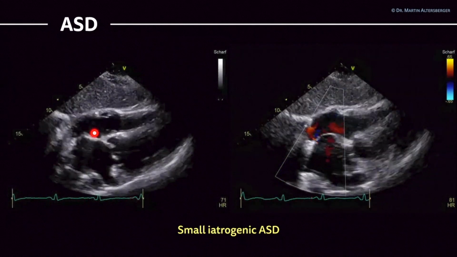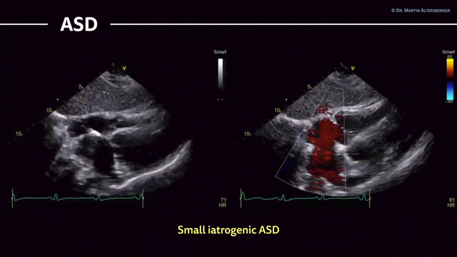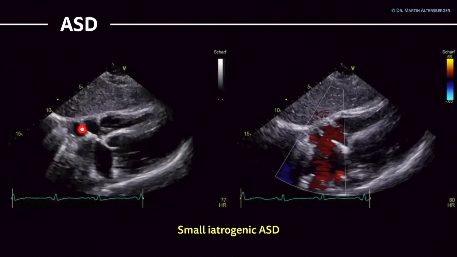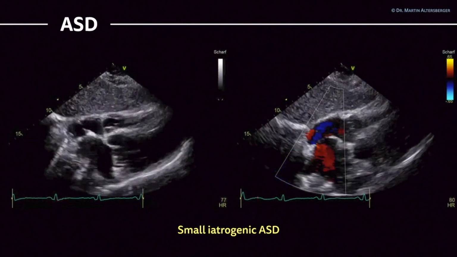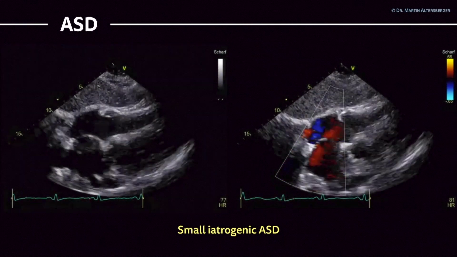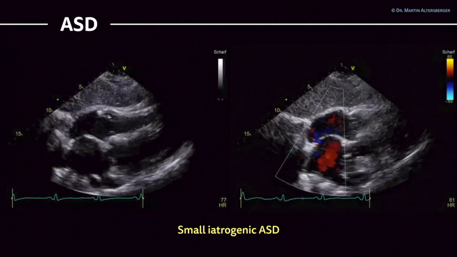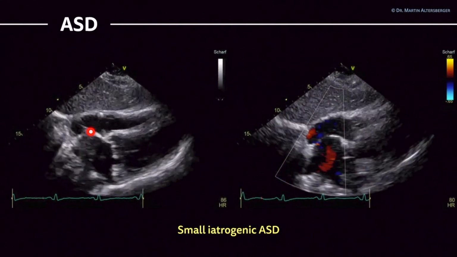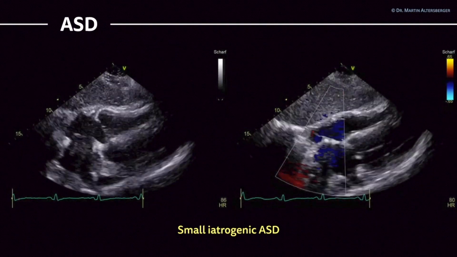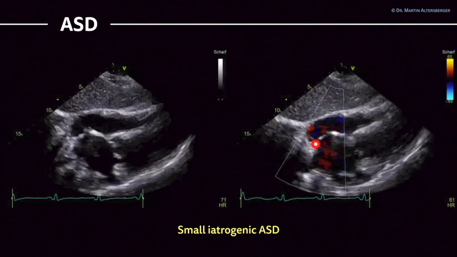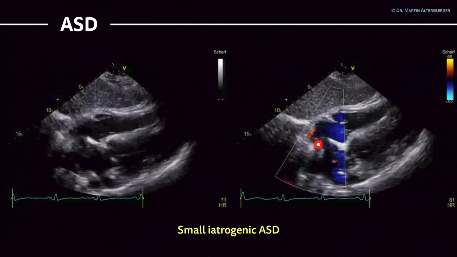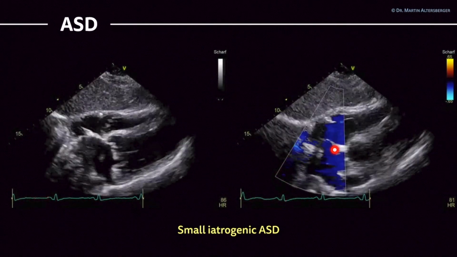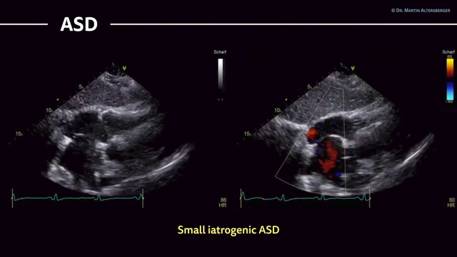You see here a bulging of the interatrial septum, so this is the left atrium, the right atrium, and the septum is pushed towards the right atrium, which is per se a situation which can occur because overall left ventricular pressures and left atrial pressures are higher compared to the right heart. But what's quite intriguing is that there is also this small iatrogenic atrial septal defect because you need to perforate the interatrial septum to place the mitral clip.